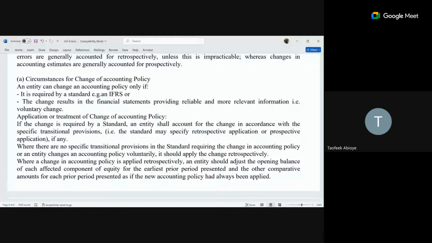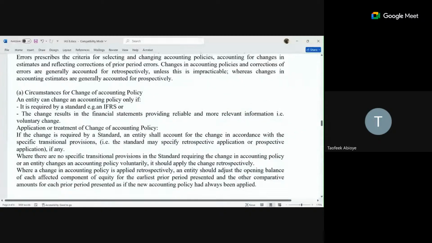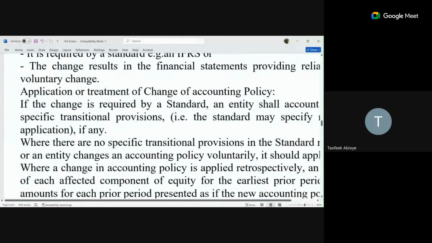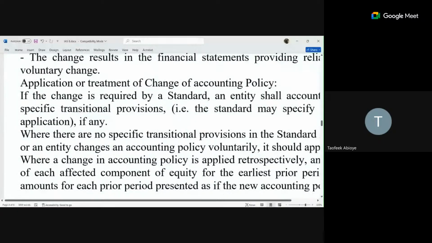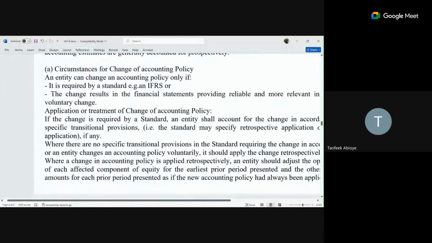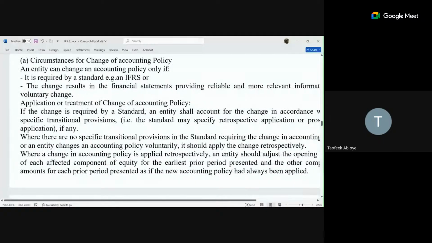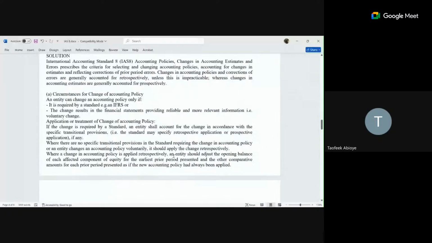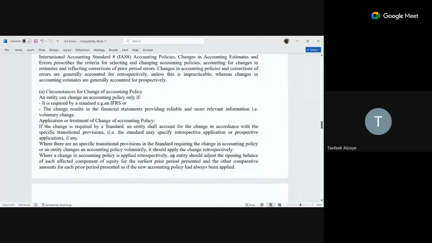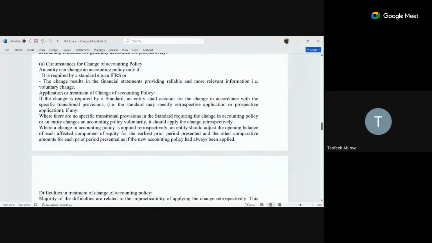If retrospective application is not possible, the changes should be accounted for prospectively. So where there are no specific transitions, okay, I've explained this. We also have it in the notes.